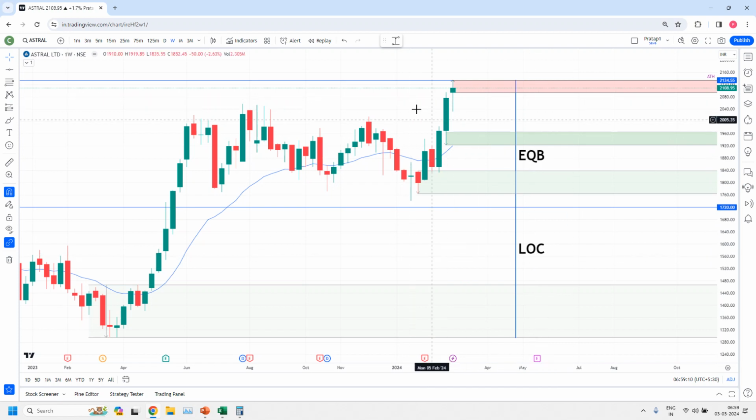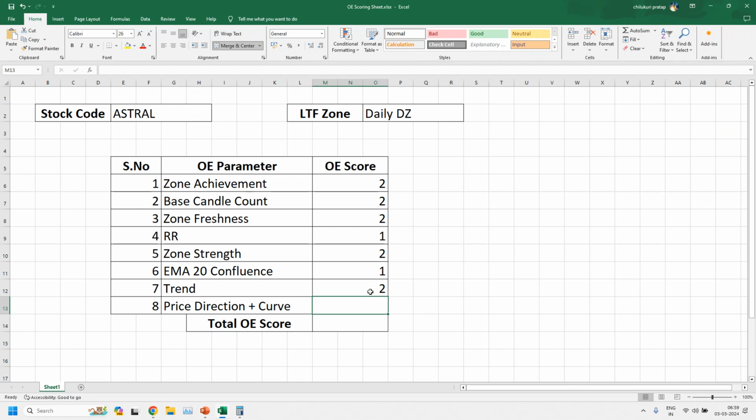But this is all-time high, so you won't have high on the curve. You have only two: low on curve and equilibrium. And in low on curve or equilibrium, you will get the maximum score. Our demand zone is in equilibrium, but still the score is maximum because of the favor of price direction in HTF as well as ITF. In both we are in favor.